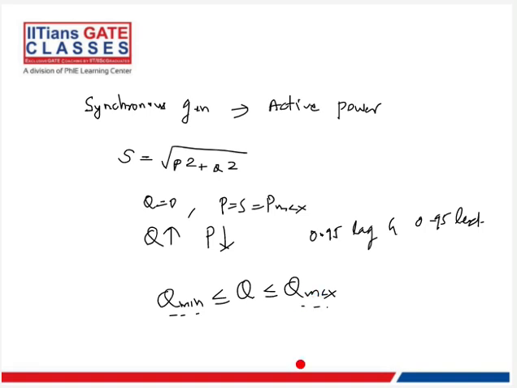There is also one more justification for why we should not use a synchronous generator as a manipulator of reactive power. If you want to make it work as a source, what happens? IF will be greater than IF rated. What does that mean?